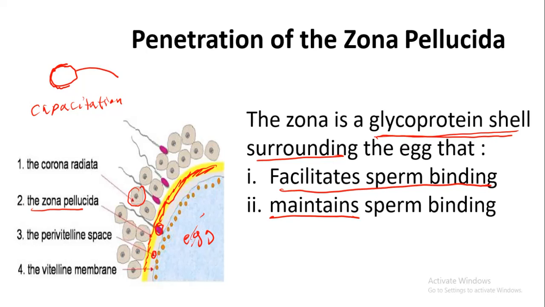How does it facilitate? It makes sure that for the sperm to penetrate through it, the sperm has undergone the process of capacitation. The sperm has to wait for the zona protein to initiate it to produce other proteins, and it should be able to undergo the acrosomal reaction.